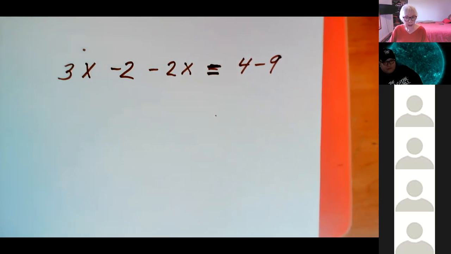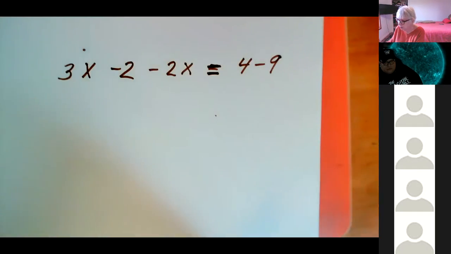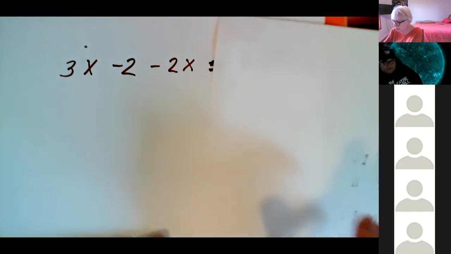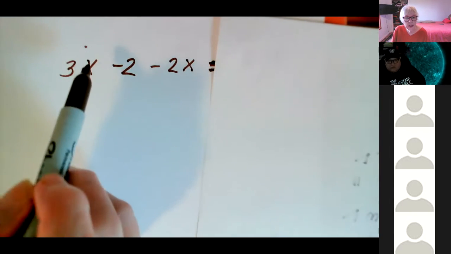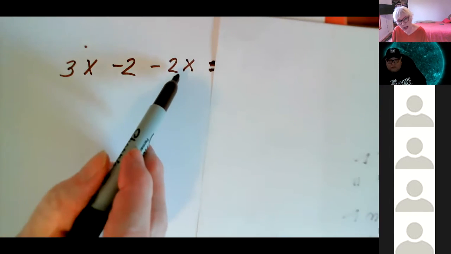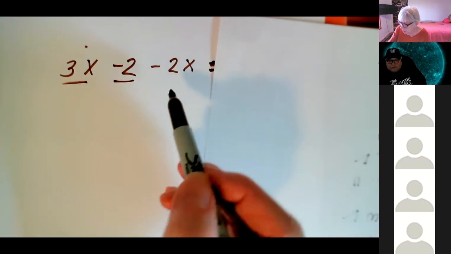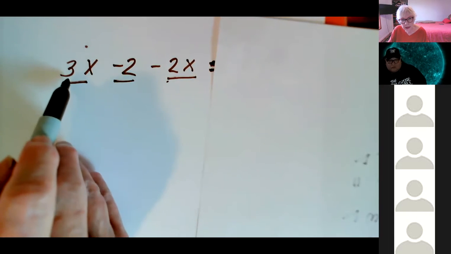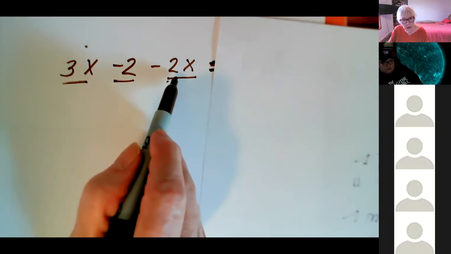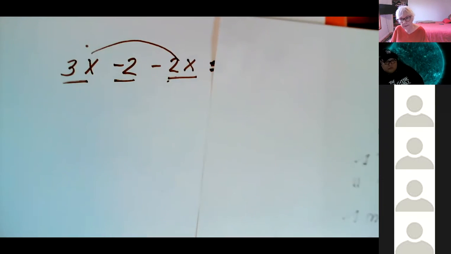If you can make it better, and so what you're going to do is take each side and clean it up. And so this side, this is what we were talking about earlier. There are 3 terms, this one, and that one. 2 of them are like terms. The 3x and the subtract 2x are like, and they can be combined.